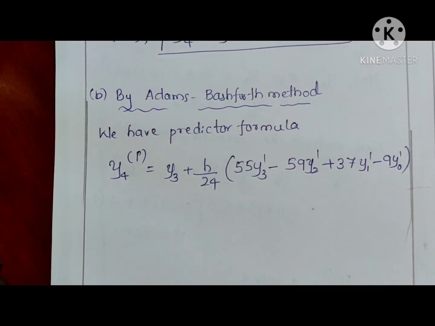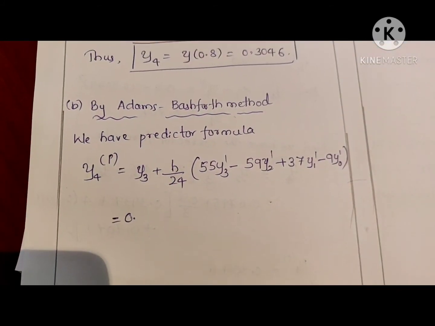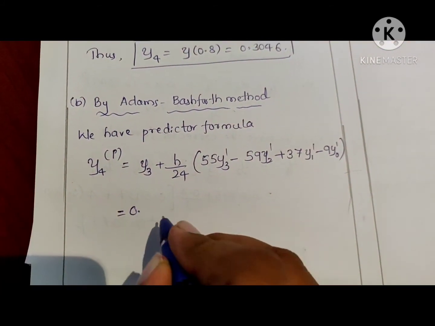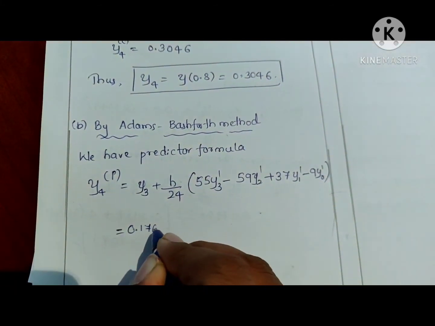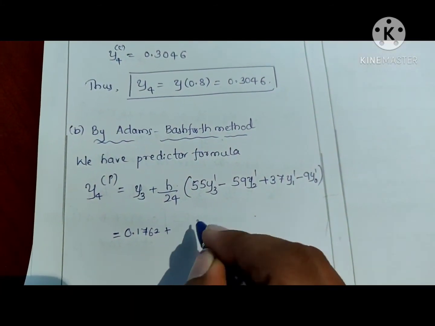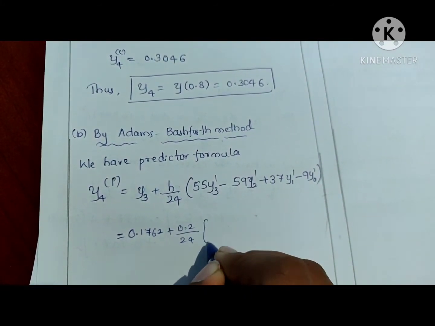The table will remain the same, so substitute the values. y3 is 0.1762 plus h is 0.2 by 24.